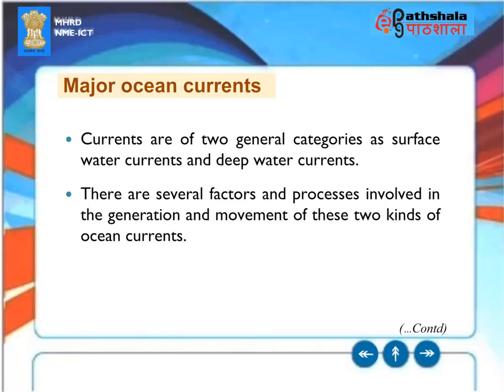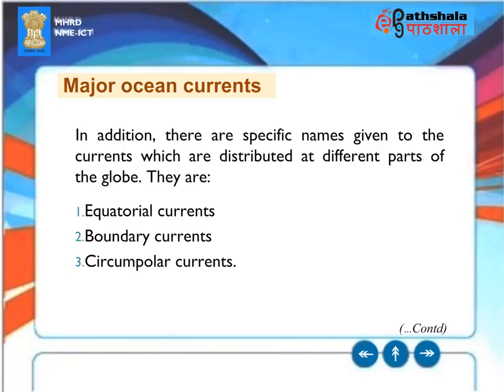Major ocean currents. Currents are of two general categories, as surface water currents and deep water currents. There are several factors and processes involved in the generation and movement of these two kinds of ocean currents. In addition, there are specific names given to the currents which are distributed at different parts of the globe.